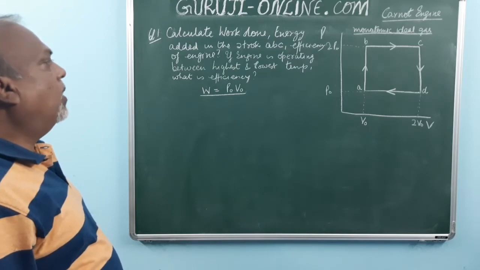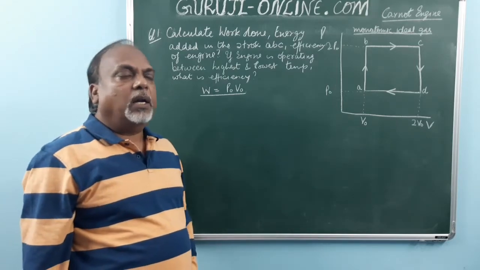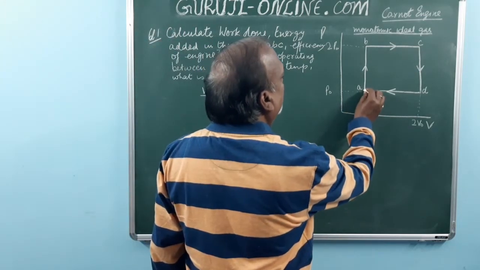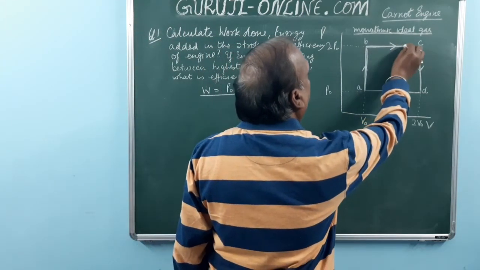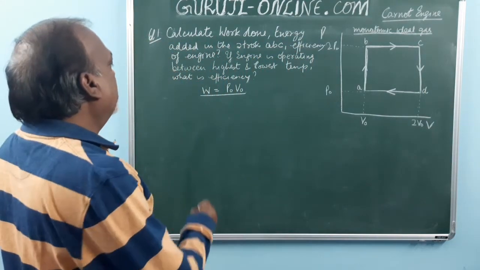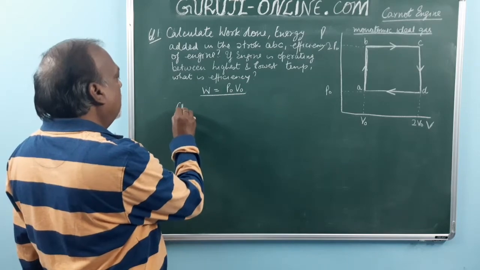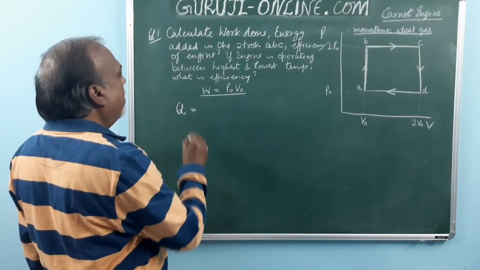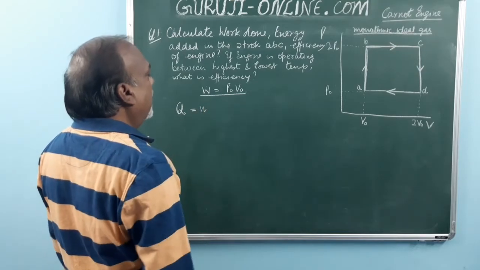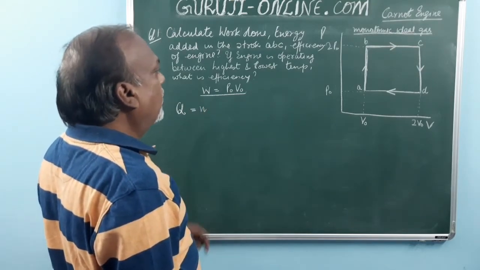Now let us find out what is the energy added during this ABC. That is Q. We can write it as N for number of moles.